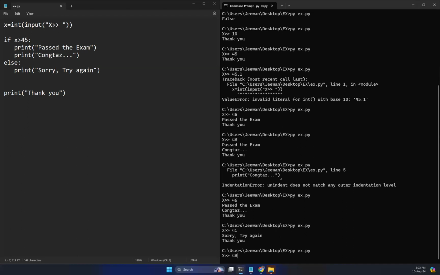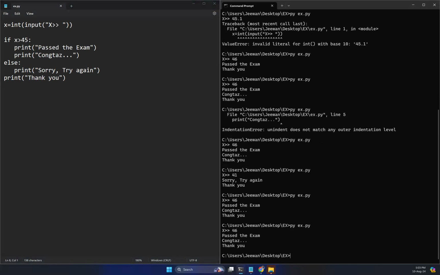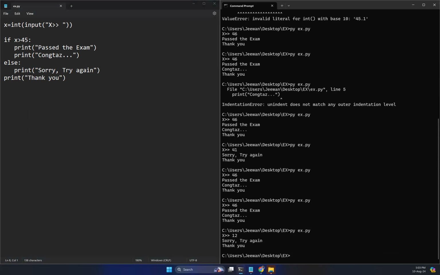If the marks are above, it says pass the exam, congrats. No matter whether pass or fail, it will show you thank you at the end, no matter whatever mark you have entered.